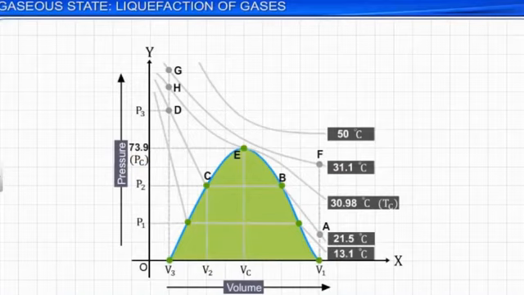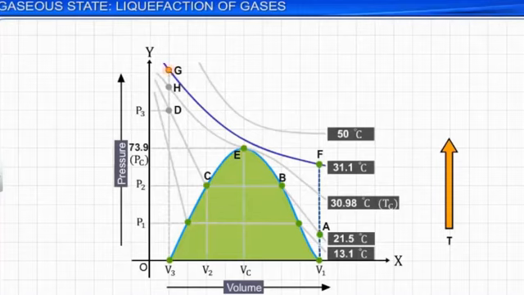For example, in the graph, we can move from point A to point F vertically by increasing the temperature, and point G can be reached by compressing the gas at constant temperature along the 31.1 degrees Celsius isocurve. As the curve FG lies above the critical temperature, increasing the pressure doesn't result in the liquefaction of the gas. Hence, curve FG represents the gaseous state.